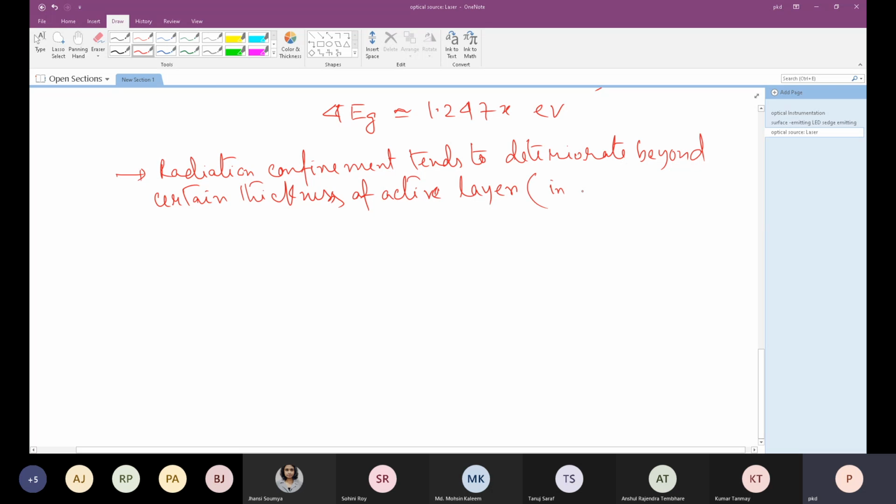In the case of a quantum well laser, of course, the interpretation is different.